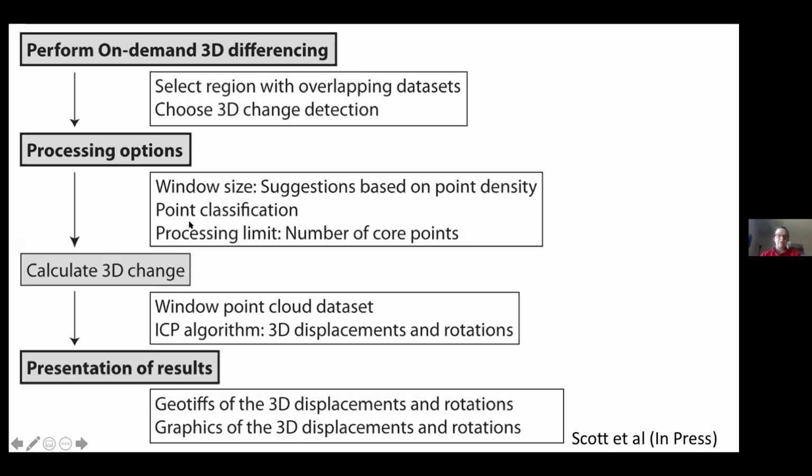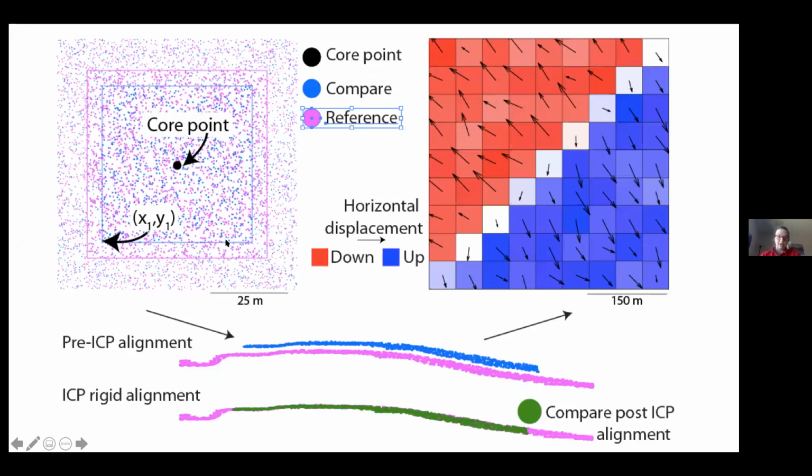The user is given several options in the processing. And one of the more important options is this window size. And so again, that is the size of the compare window that is taken of each data set.